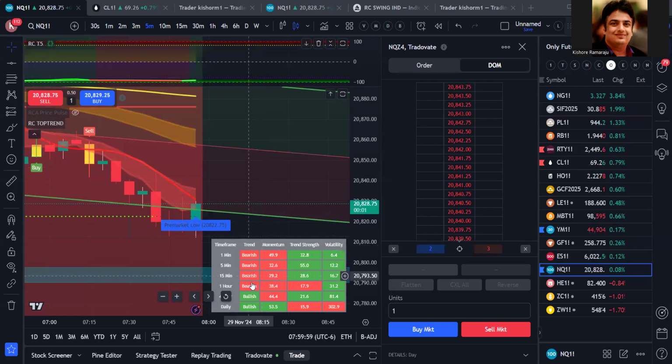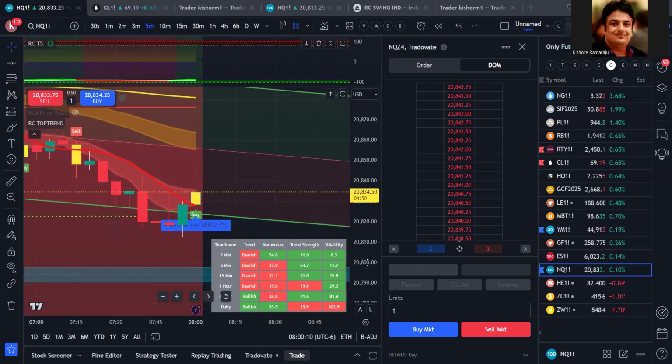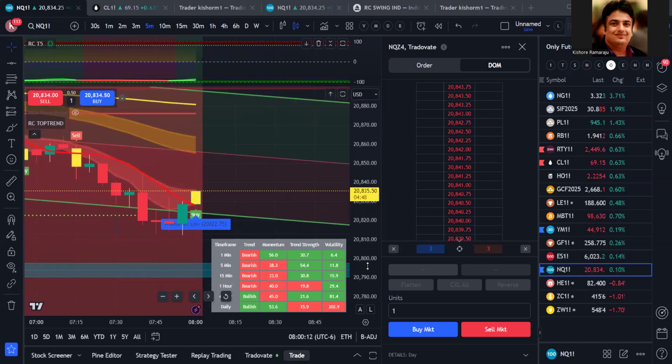So still this is bearish, right? Until your 1 minute 5:15 turn to green, generally it's better you avoid taking long because your higher time frames are still bearish. Don't get into a buy, right?